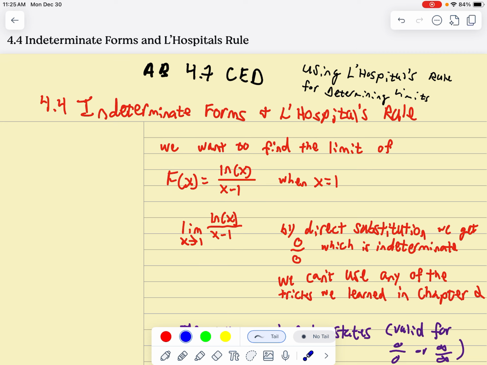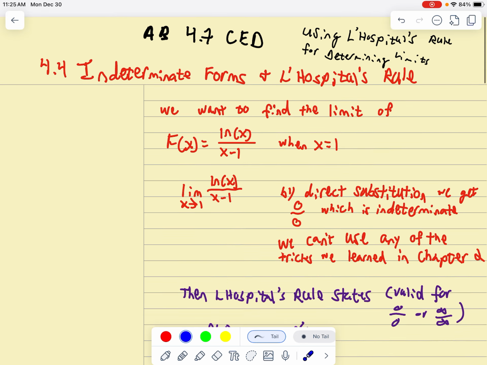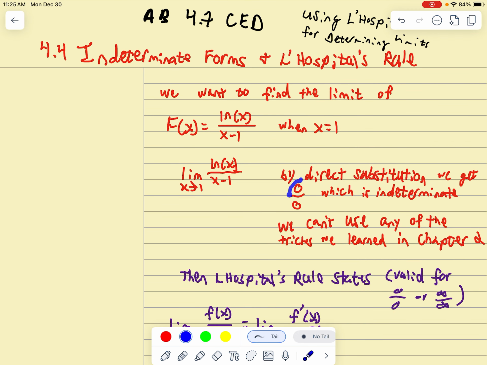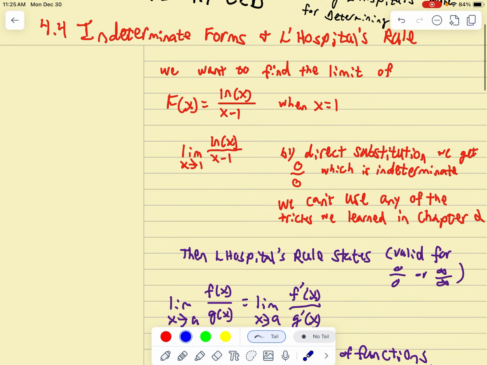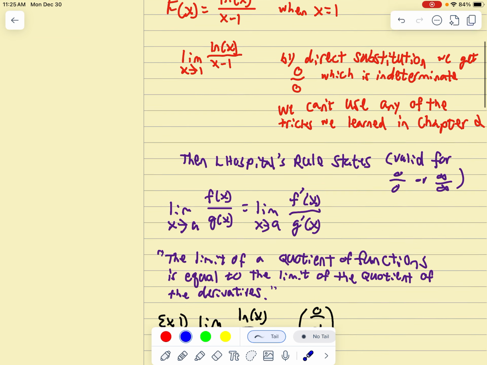There's no real algebraic trick we can use for ln of x over x minus 1. So L'Hospital came up with the realization that when you do have the indeterminate form, remember that's the golden rule, if you get 0 over 0, which is the main one we see, but it also works with infinity over infinity, that if you come across this, you could just do the ratio of the derivatives.